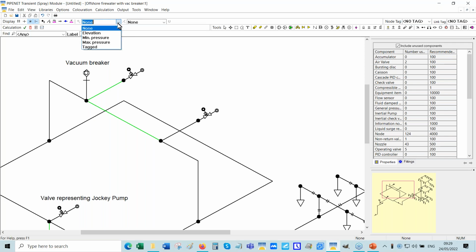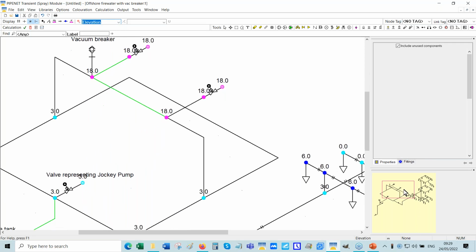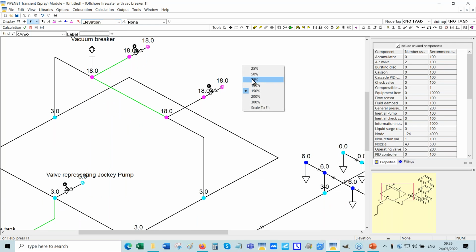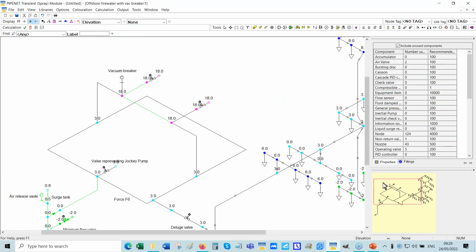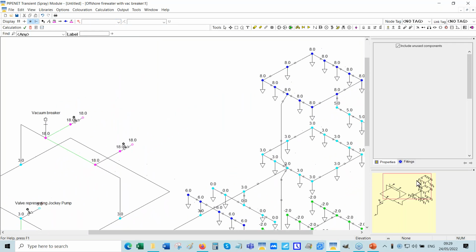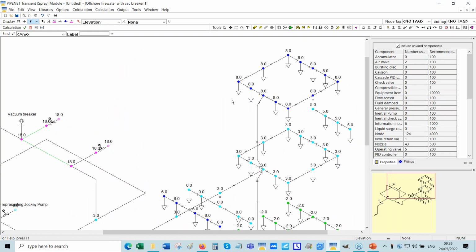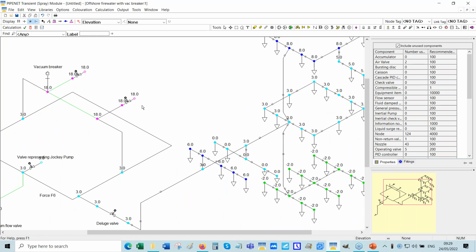So if you look at the elevations, see the high points here are 8 meters, whereas here, this is 18 meters around here.